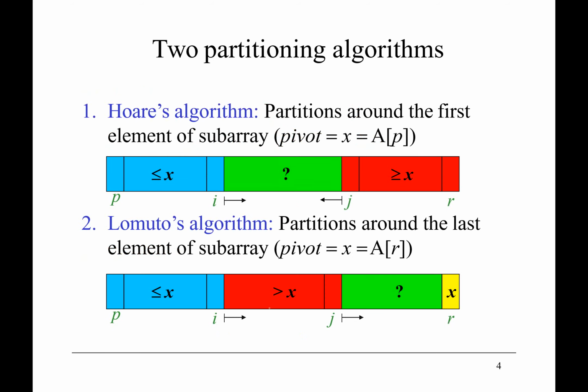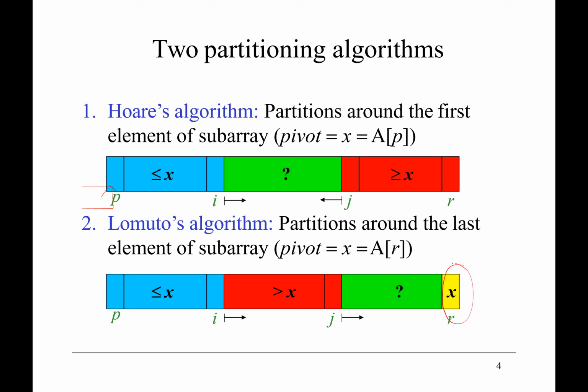So we have two algorithms. Hoare's algorithm partitions around the first element of the subarray. We choose the first element as the pivot, use it as x, and separate the whole region into the left part and right part. Lomuto's algorithm is different. It partitions around the last element.